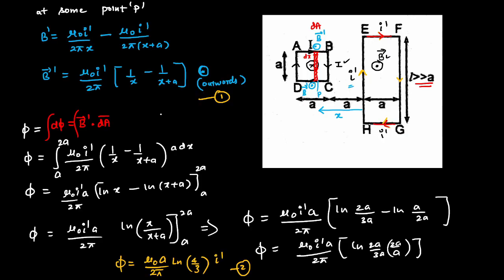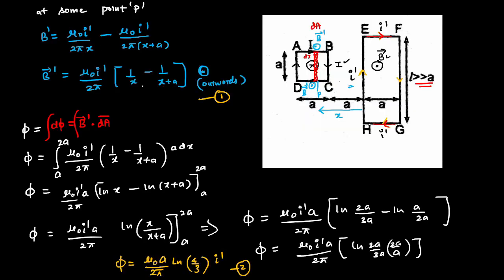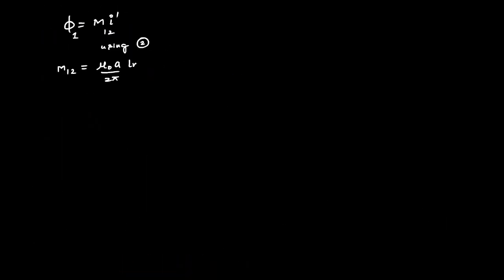So we can say the mutual inductance of the first coil in relation with the second coil, using equation 2, is mu naught a by 2 pi times ln of 4 by 3. This is what we have for mutual inductance.